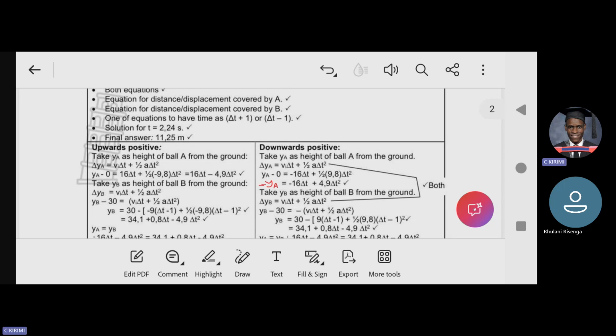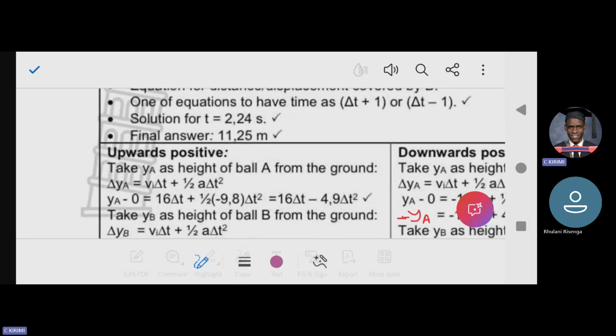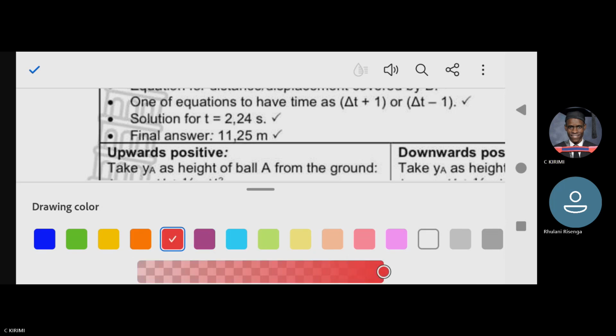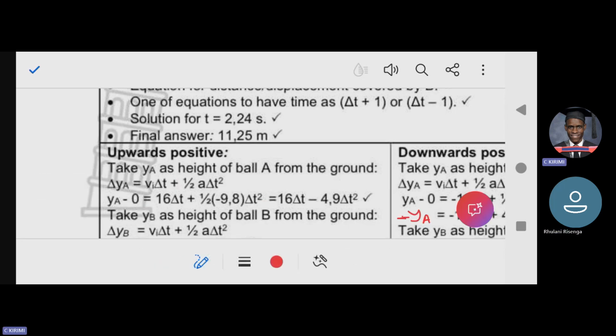So if up is positive, I want to calculate the change in Y of ball A. This is the formula for change in Y: change in Y of ball A is VI delta T plus half A delta T squared.